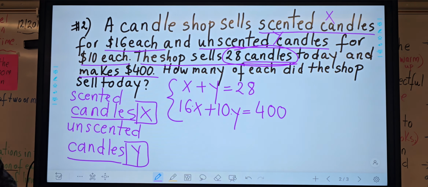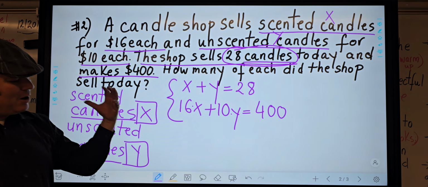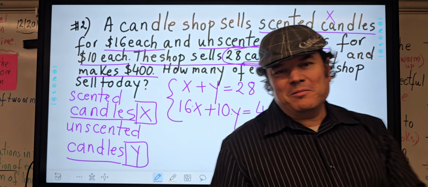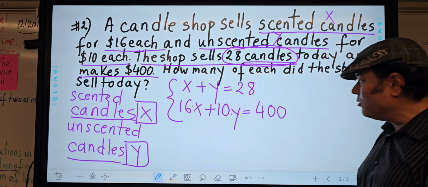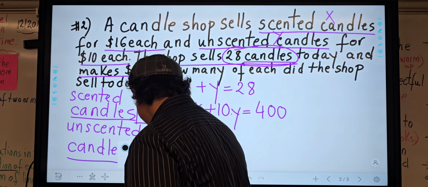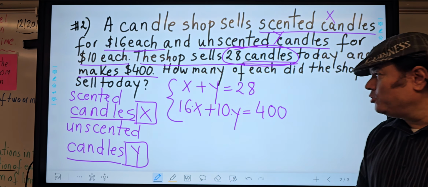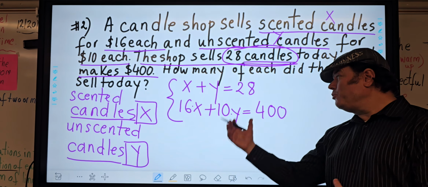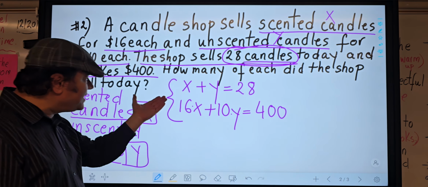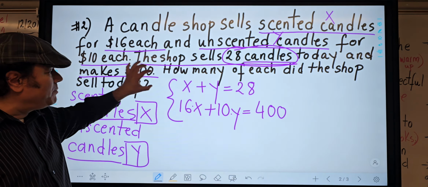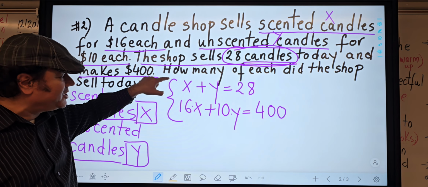And now we have a system of linear equations. We are going to solve it by the elimination method and either cancel the X or the Y. You have an option here. If you want to cancel the X, we multiply the top equation by -16.